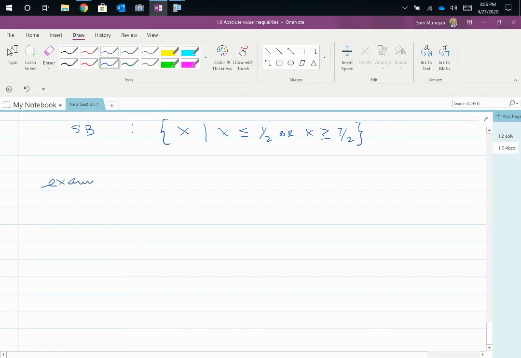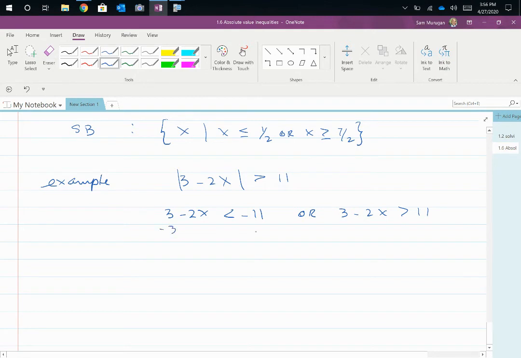Example, absolute value of 3 minus 2x greater than 11. So remember our setup here, this is 3 minus 2x less than negative 11, or 3 minus 2x greater than positive 11.